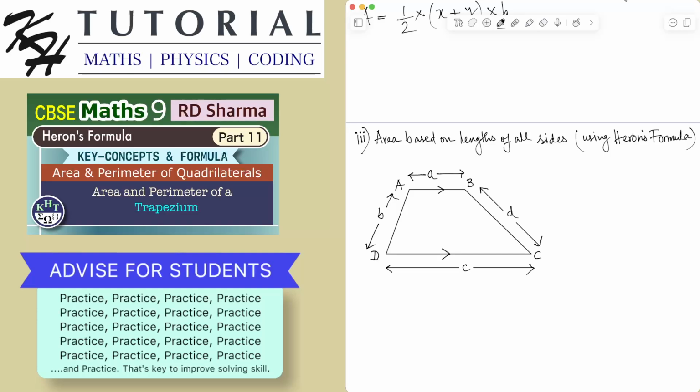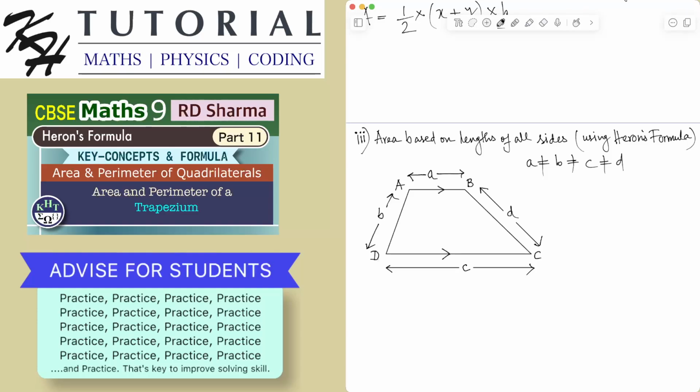So consider the trapezium ABCD, where the parallel sides are AB and DC, and the lengths are small a and small c, and the length of AD is small b, and the length of BC is small d. So we are assuming that the length of all the sides of the trapezium are unequal.